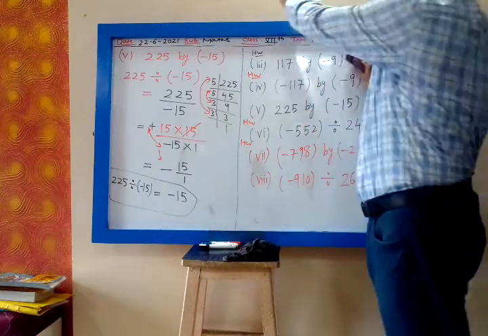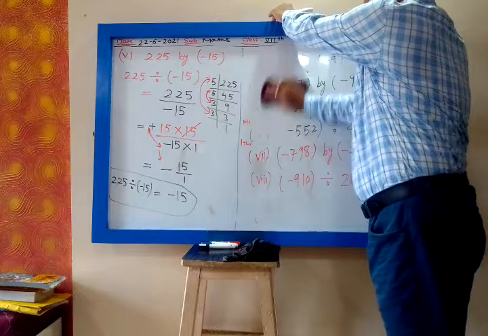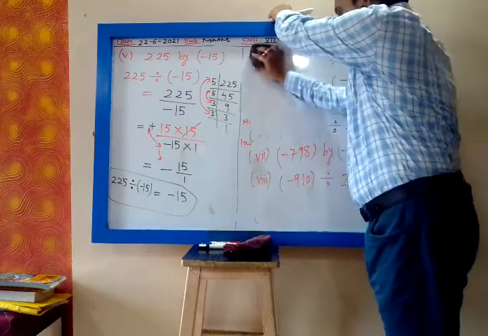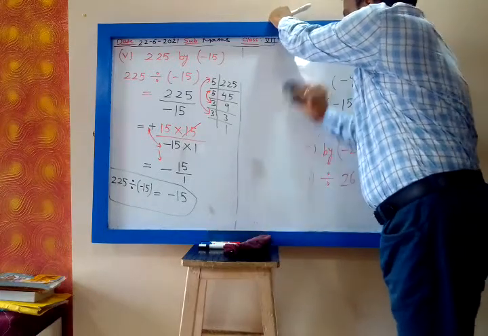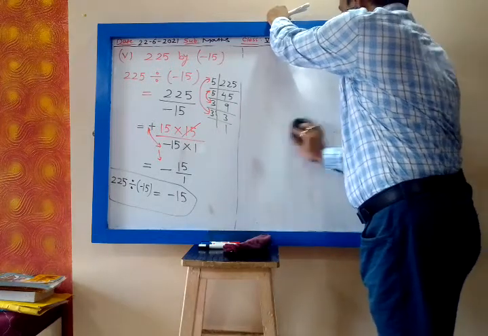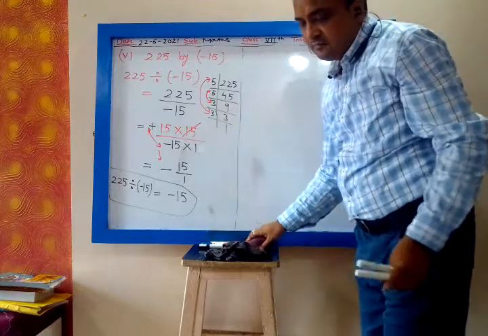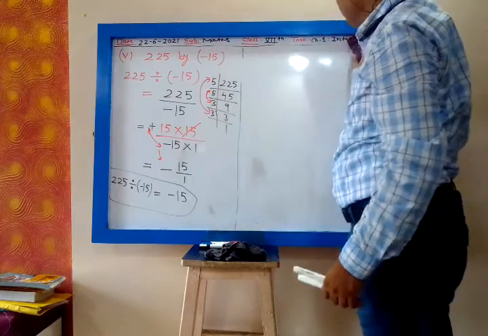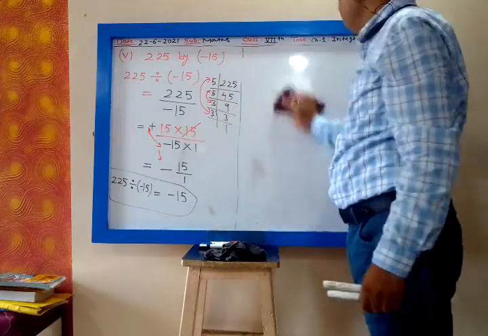Now let me do the 8th one. It is minus 910 divided by 26.